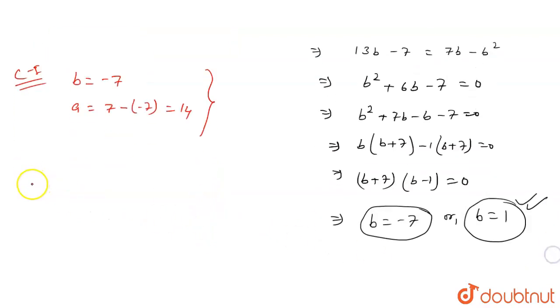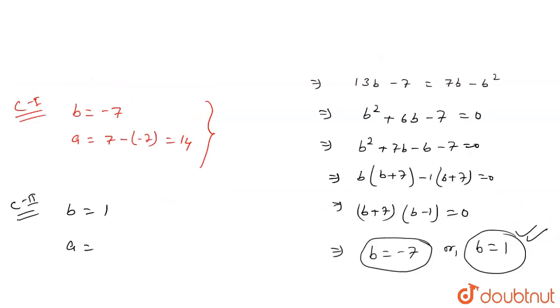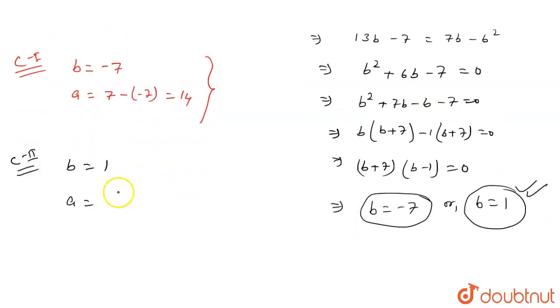And if we take case second, if b is 1, then a will be 7 minus b, 7 minus 1, which is 6, right?